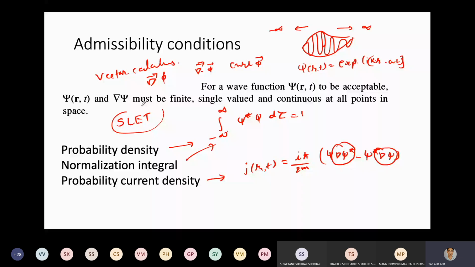What is the admissibility condition for a given wave function in quantum mechanics? The answer is that the function psi and del psi should be finite, single valued, and continuous at all points in space. So that completes the admissibility conditions.